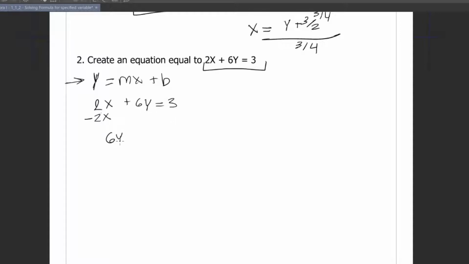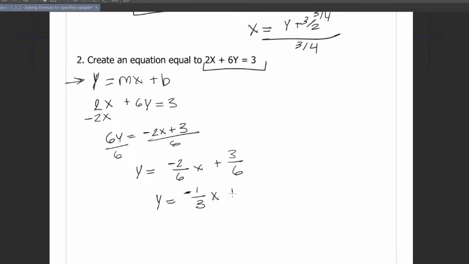We have 6y equals negative 2x plus 3. Now we're going to divide by 6. We have y equals negative 2 over 6 x plus 3 over 6. And if we want to simplify, y equals negative 1 over 3 x plus 1/2.